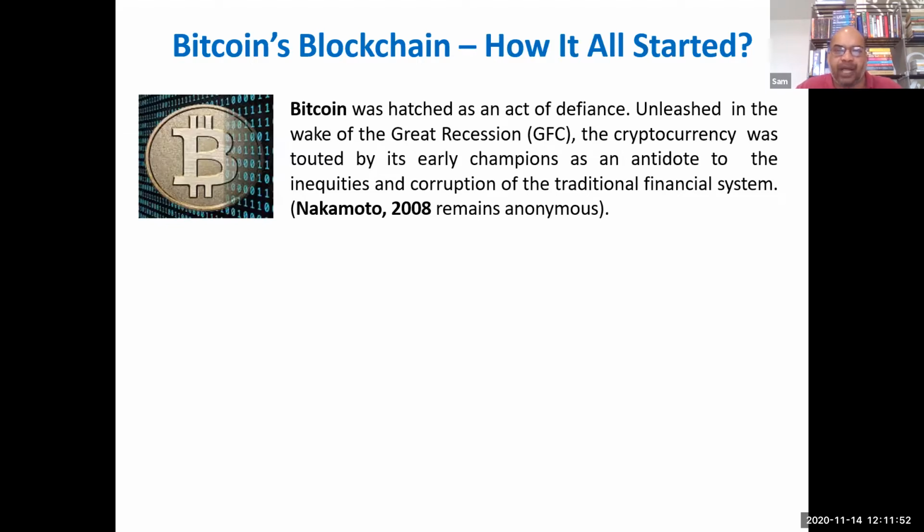That got people thinking: can we really trust our banking sector to keep our money safe? And is it possible to remove the third party and do transactions with each other directly, that is, peer-to-peer financial transactions?